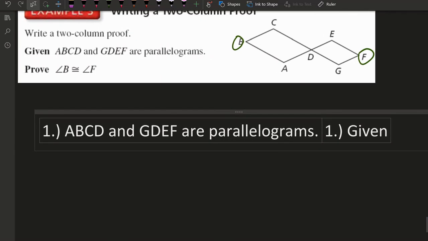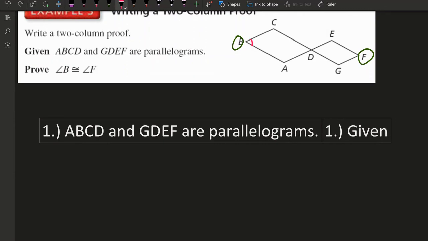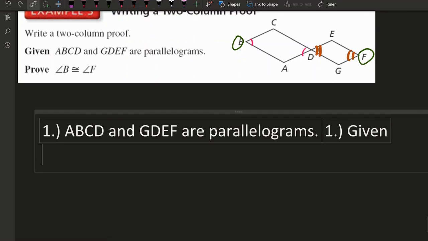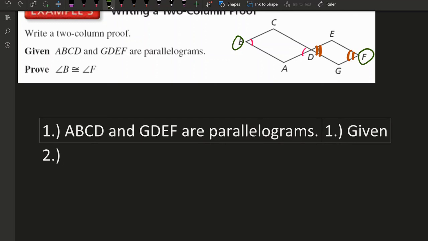Okay, so now, since they're parallelograms, what I want to say is that this angle is congruent to this angle. And by a similar argument, I can say this angle is congruent to this angle. So I can say, step 2, I'm going to have to write for this one, but we'll say angle B is congruent to angle CDA.